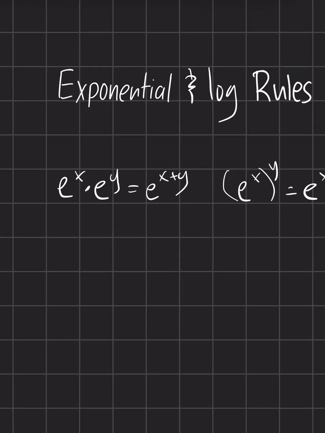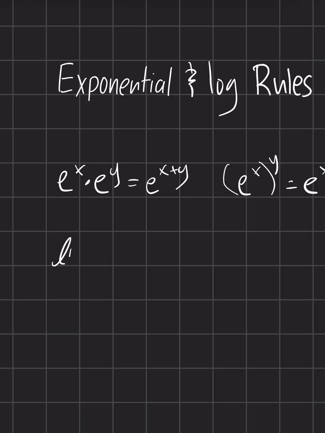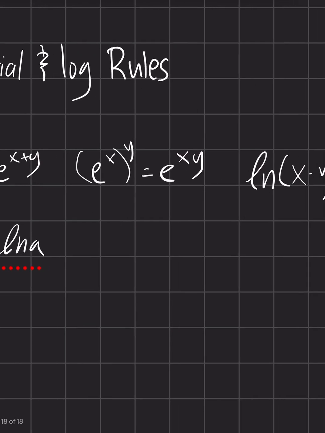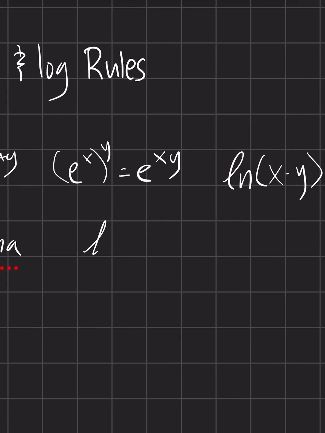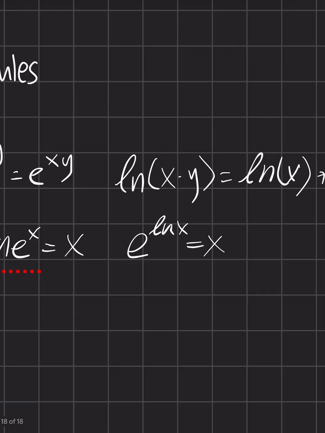Sorry, this is a lot of rules for exponentials and logarithms. If you have ln of a raised to the k, this is equivalent to k times the ln of a. Then you have some inverse rules: if you have the ln of e to the x, this is just equal to x. Correspondingly, e to the ln of x is equal to x.